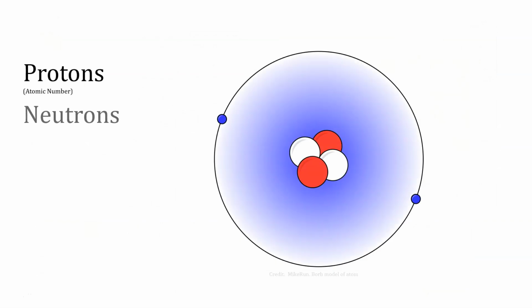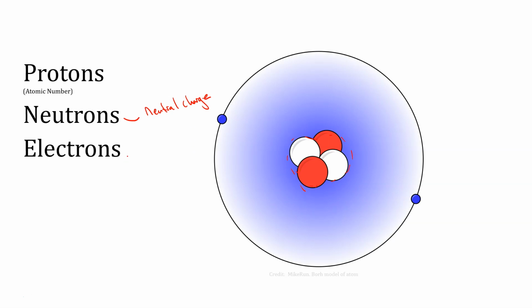Okay, so that's protons. Now, another thing that atoms have are neutrons. Neutrons are a neutral charge, and they are also found in the nucleus of the atom.